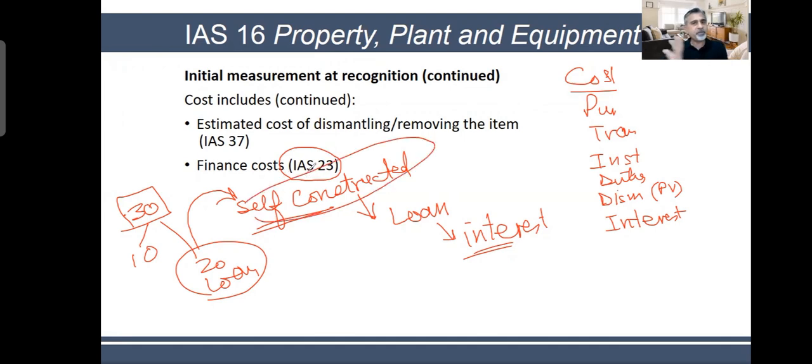If you purchase a ready-made asset, a ready-to-use asset, then interest cannot be added, because interest can only be added during the development or the creation process of the asset. If you are developing the asset, if you are creating the asset, only interest during this creation period you can add. But when you purchase a ready-made asset, it is already ready to use.